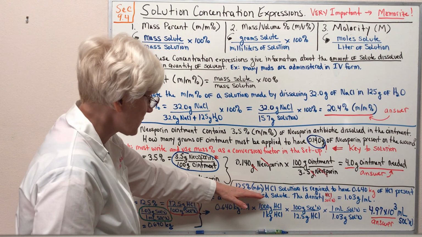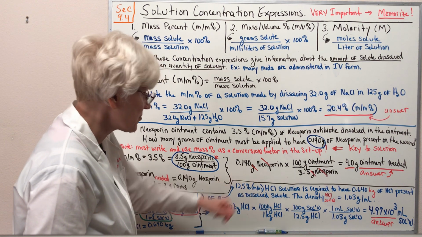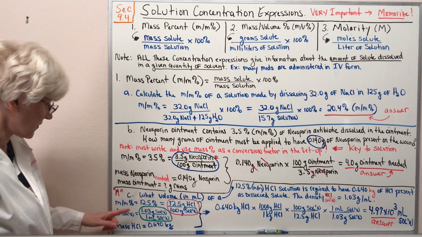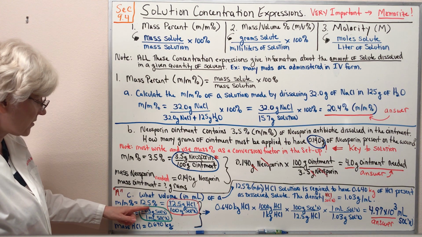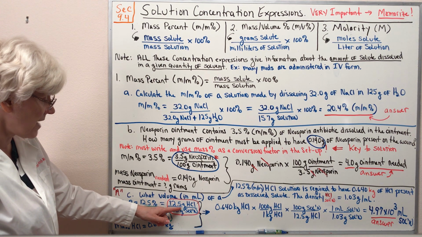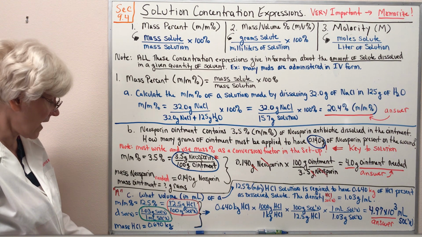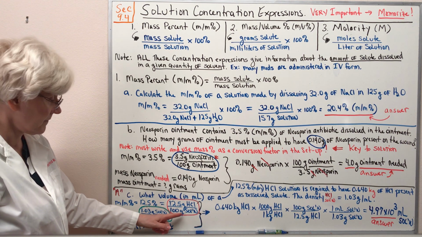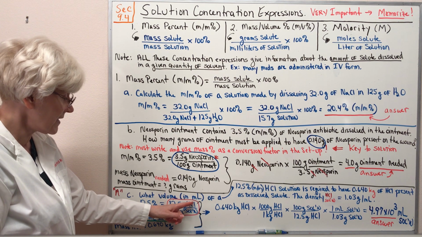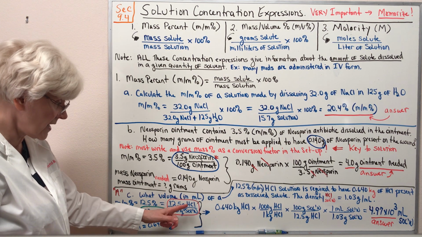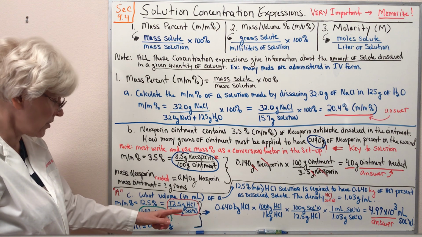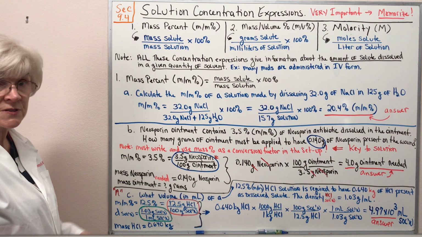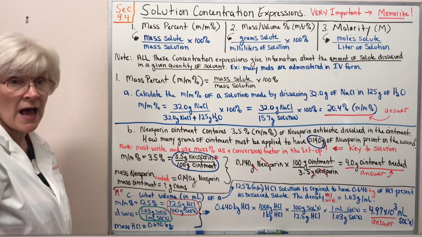You're given the mass percent of the hydrochloric acid solution as 12.5%. So we can take that 12.5% and write it like a conversion factor. 12.5 over 100. Hydrochloric acid is our solute, HCl is the solute in the numerator, and grams of solution is in the denominator.